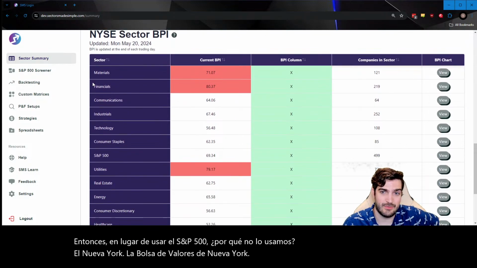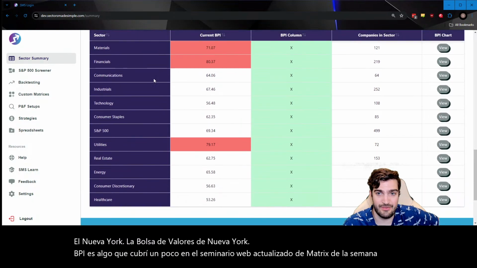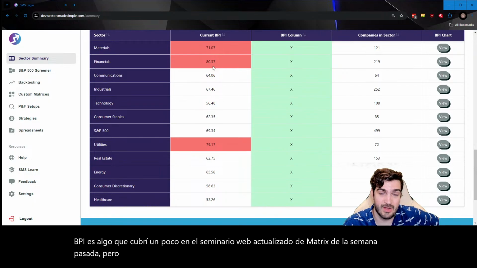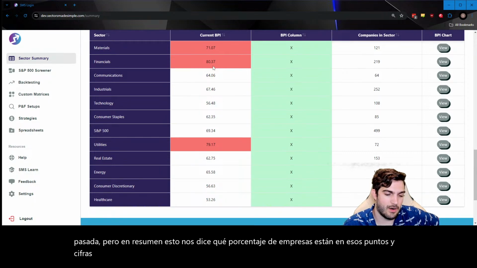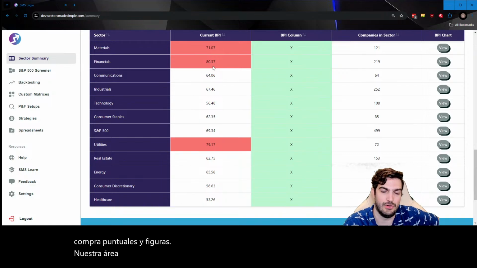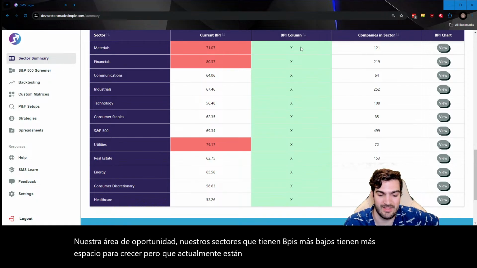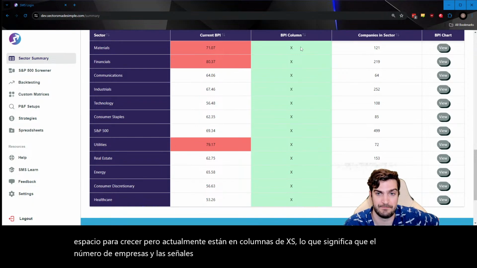BPI is something that I covered a little bit in last week's updated matrix webinar. But the long and short of it is, this tells us what percent of companies are on those point and figure buy signals. Our area of opportunity are sectors that have lower BPIs, more room to grow, but are currently in columns of X's, meaning that the number of companies on buy signals is going up over time.